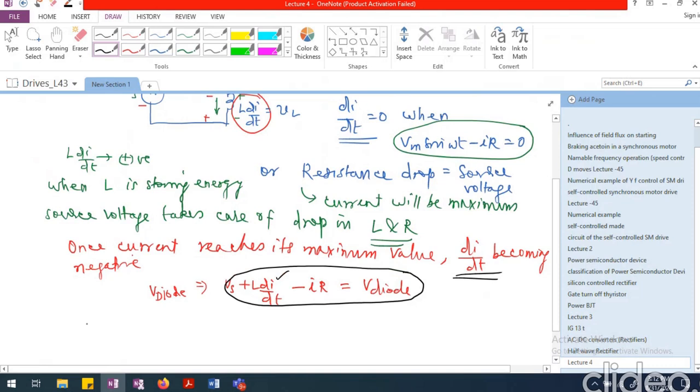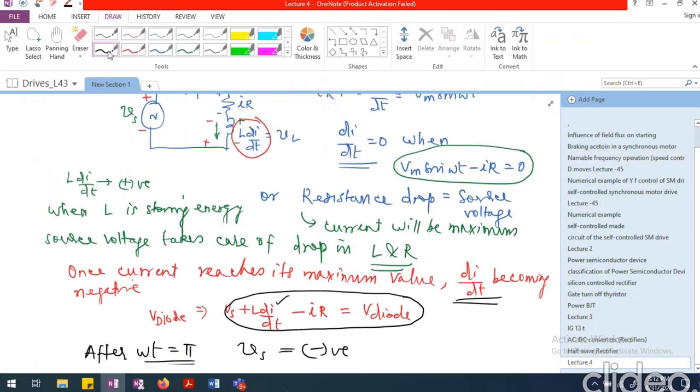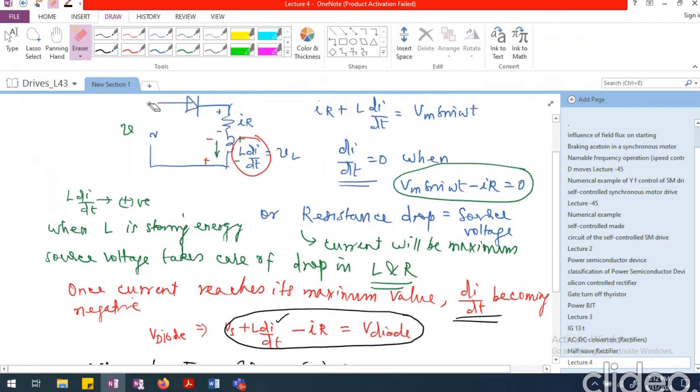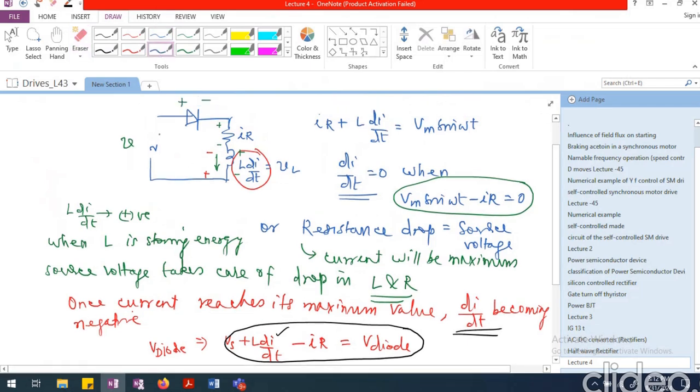And after this, after omega t equal to pi or 180 degrees, Vs becomes negative. So if Vs is becoming negative, please note that this sinusoidal voltage source is going to have positive here and negative here.